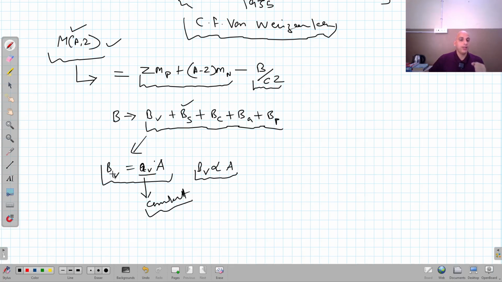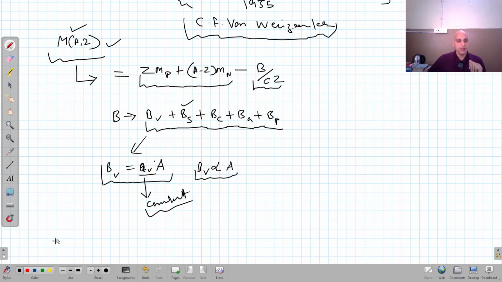We have to remember that B_V equals A_V times A. This is taken as positive because this energy is responsible for holding the nucleons together inside the nucleus.